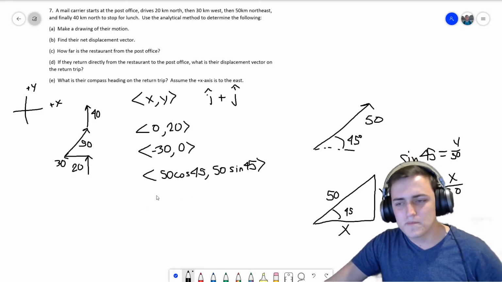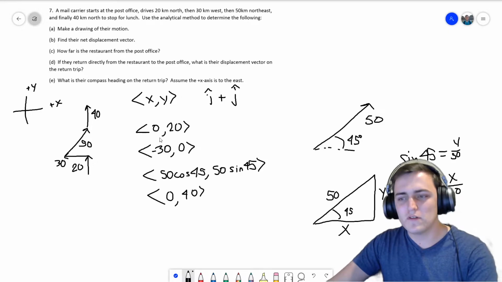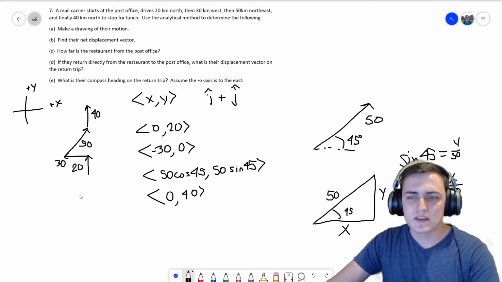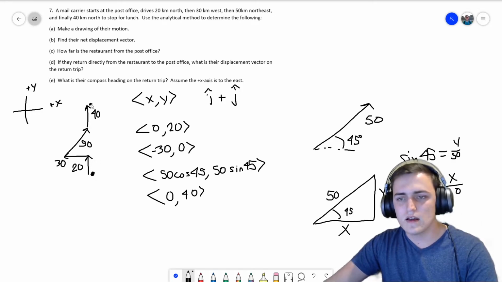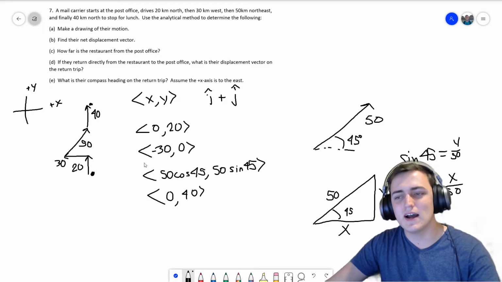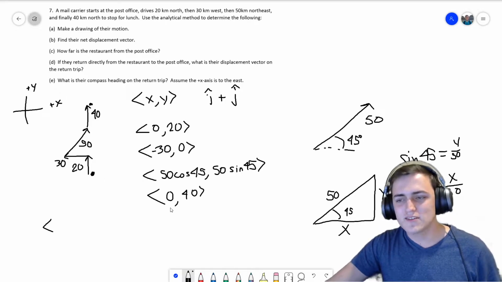When we go back to the fourth one, we notice it's just 40 in the positive y direction and nothing in the x direction. So we have found all of these vectors, but how does that get us to our net displacement vector, right? If you remember, a displacement vector is the vector from the start to the finish. And so you can represent their net displacement by adding all of these vectors together. So we first add all of the x components. We have negative 30, and we have a positive 50 cosine 45.